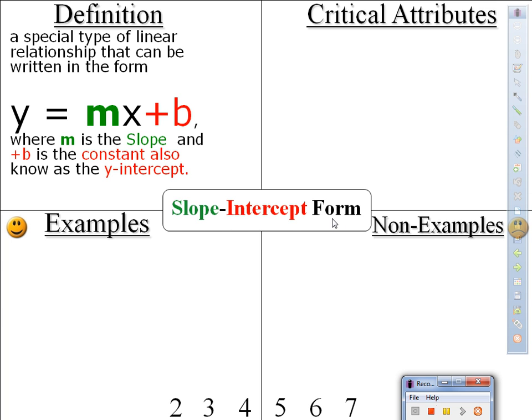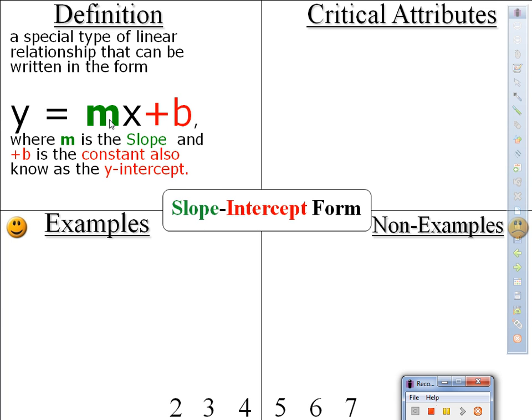I introduced this, I think, last week, right? The m stands for the slope, and the plus b stands for the intercept. And we know now that the plus b is a constant known as the y-intercept. Everybody with me?